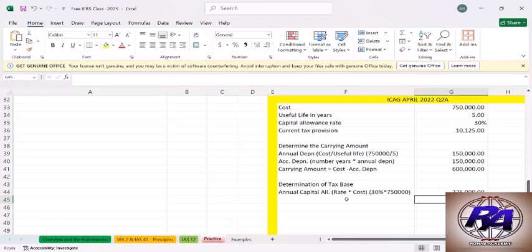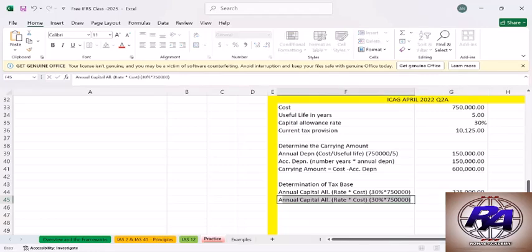Again, we need to determine our accumulated capital allowance. And remember, it follows the same principle that we multiply the year times the annual capital allowance.